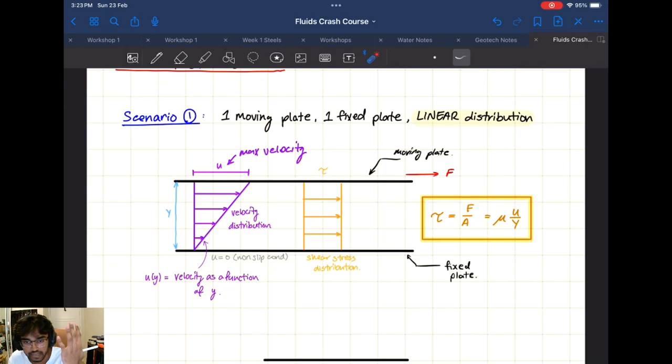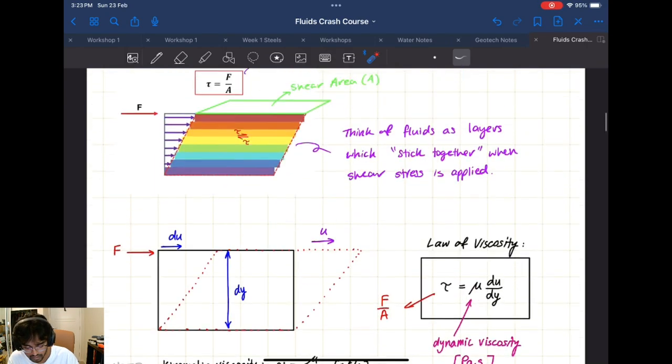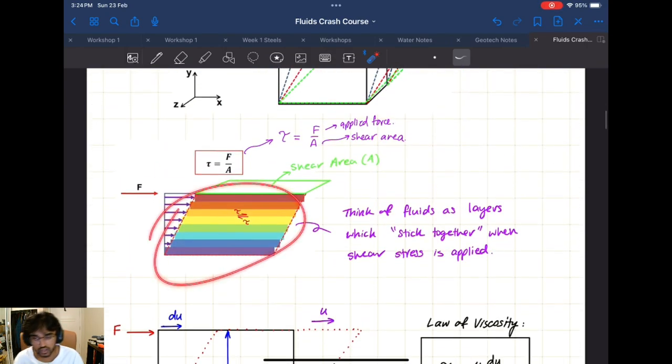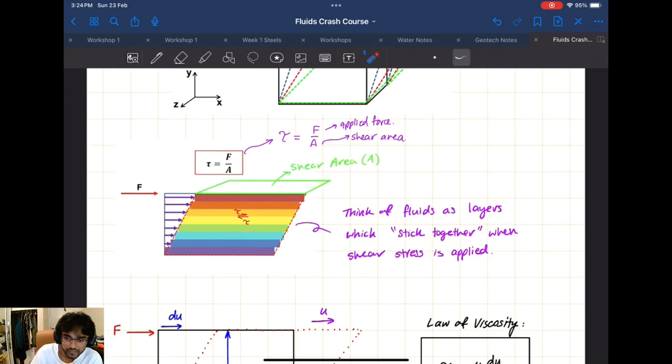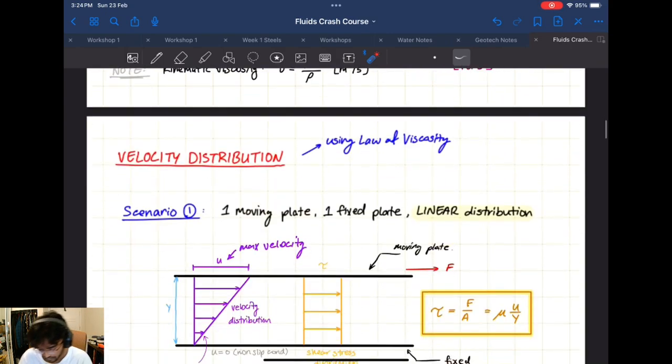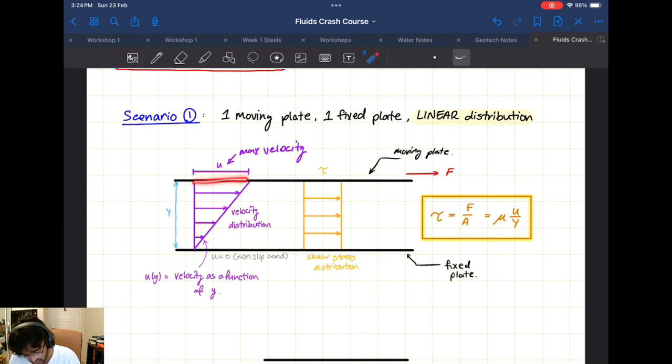The way I like to think about it is as layers that stick together. The top layer sticks to the moving plate, and therefore they move at the same velocity. At the top we have the maximum velocity of the fluid, and as you get closer and closer to the fixed plate, the velocity will eventually reach 0.